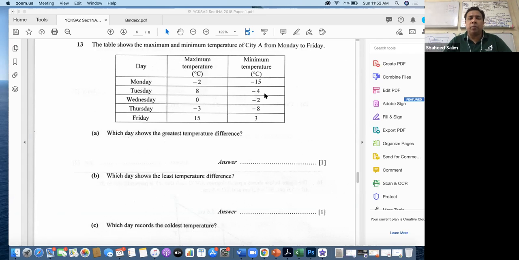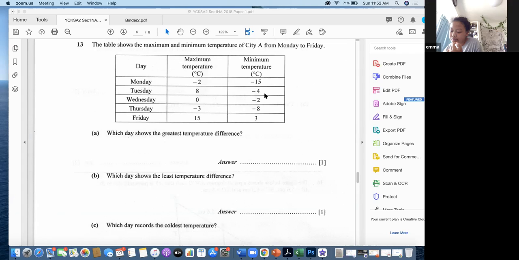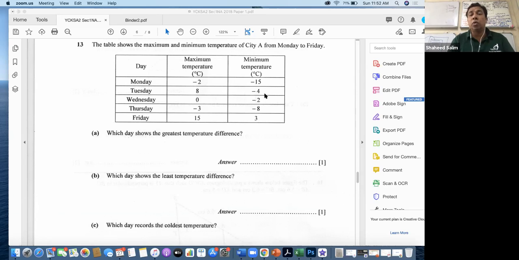Well done. And which one shows the coldest temperature? Monday, yes. Because the coldest one is minus 15.